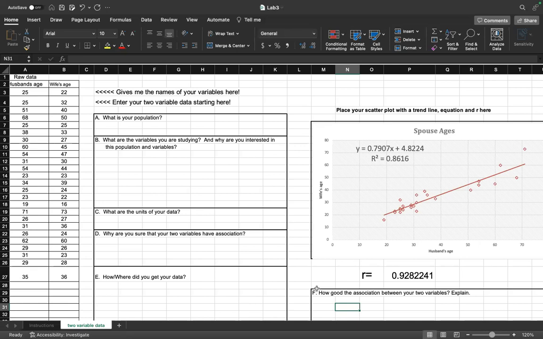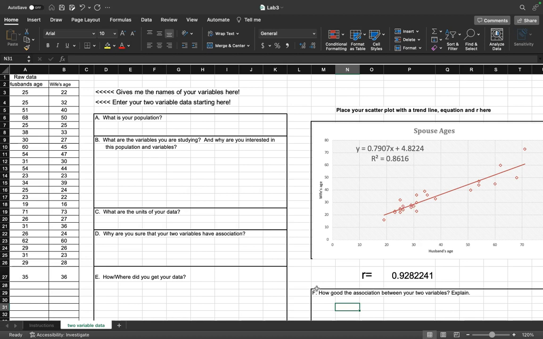I think most people save their fun data for their final project, because you're going to have to have two variables you think are associated. But there are a lot of people that do sports things. Right now I can't even think.